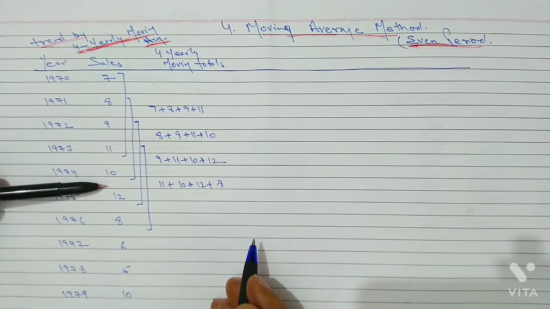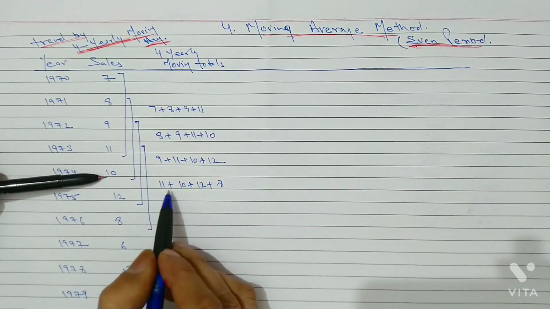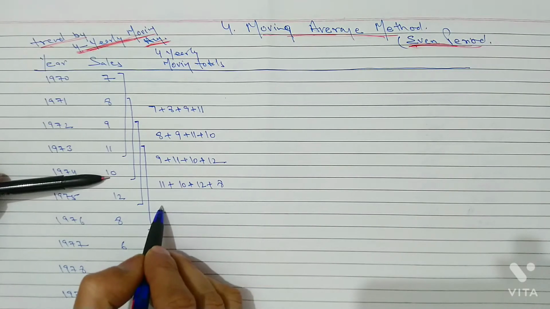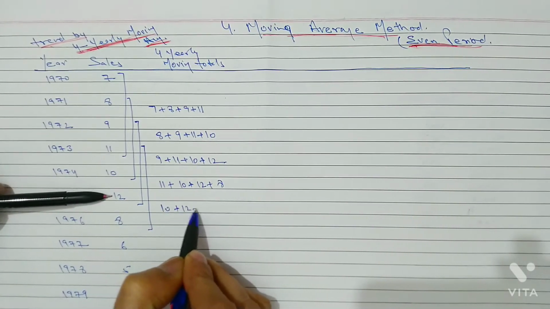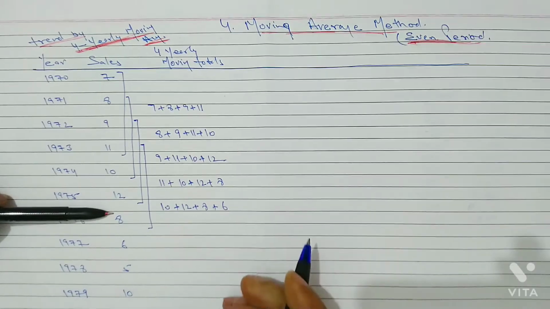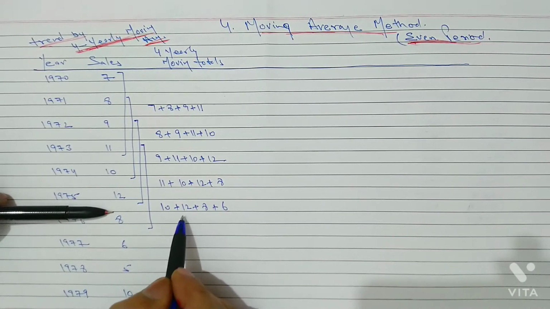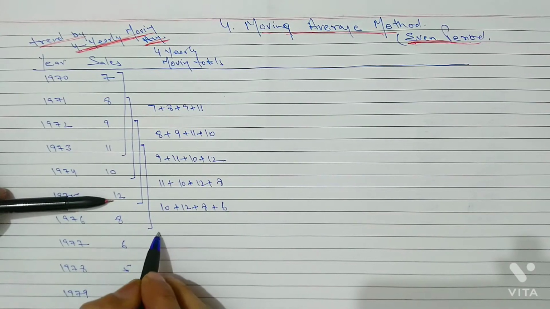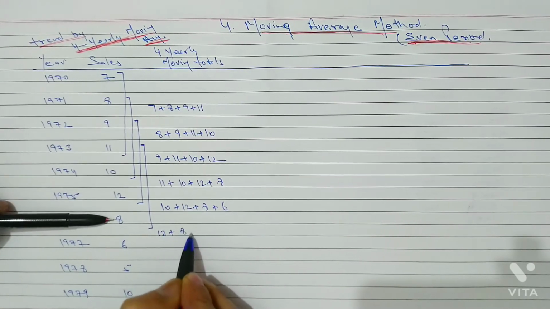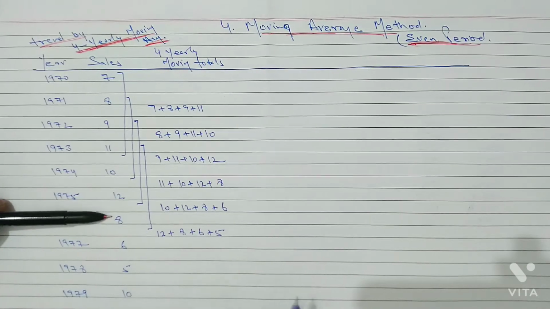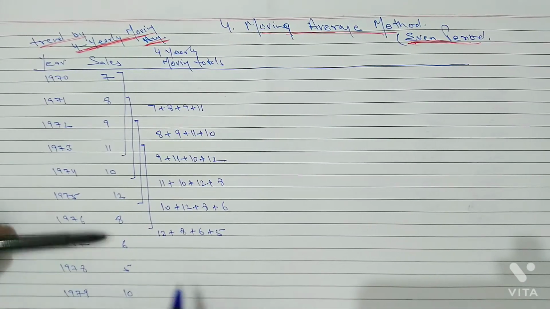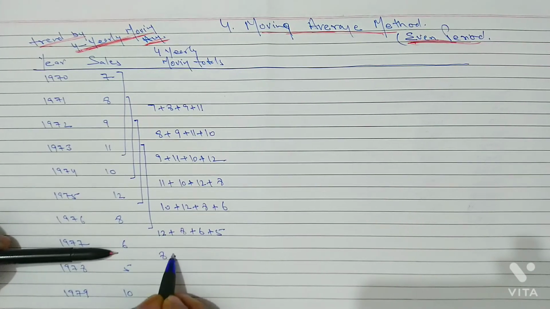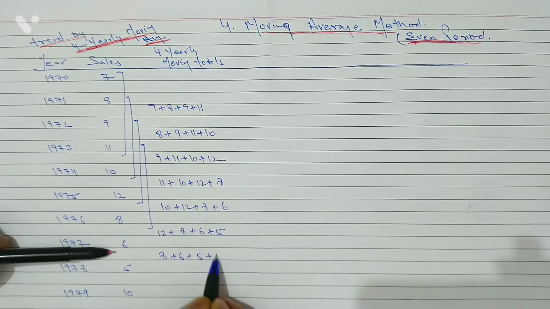Then total of next 4 terms starting from 10: 10 plus 12 plus 8 plus 6. Then total of next 4 terms starting from 12: 12 plus 8 plus 6 plus 5. Then total of last 4 terms: 8 plus 6 plus 5 plus 10.